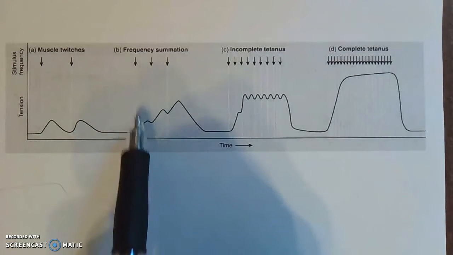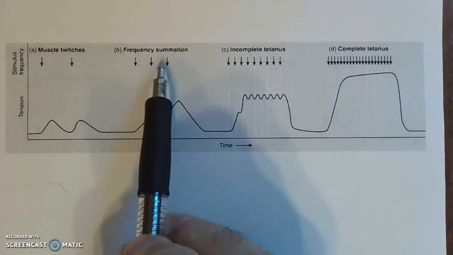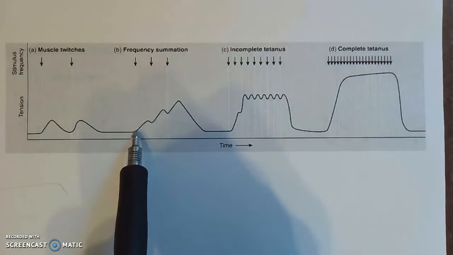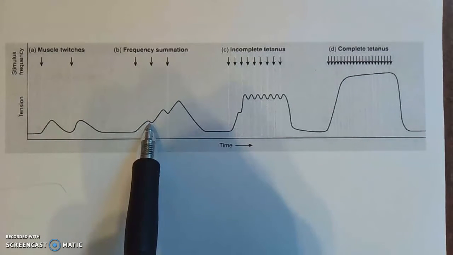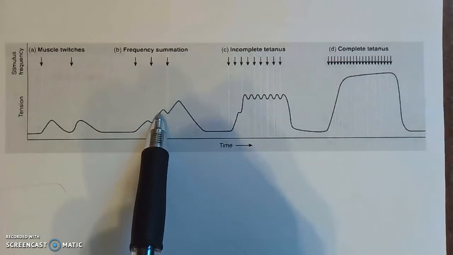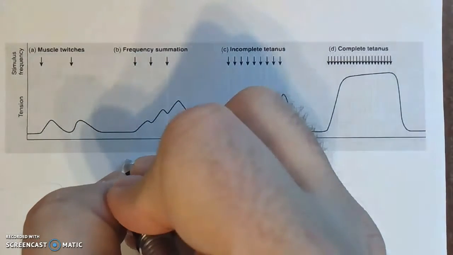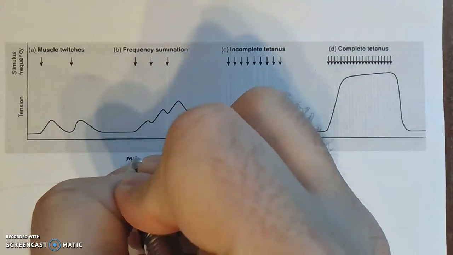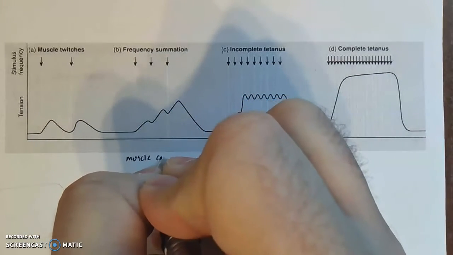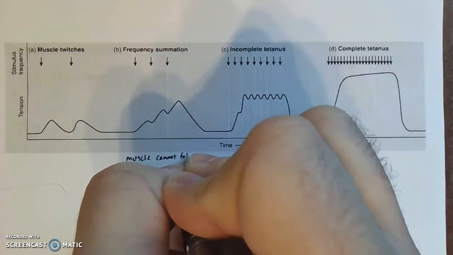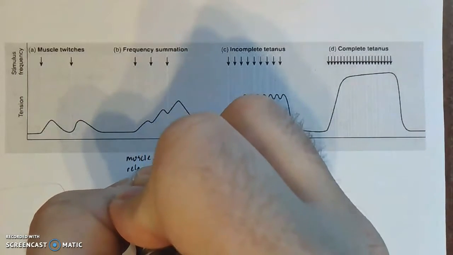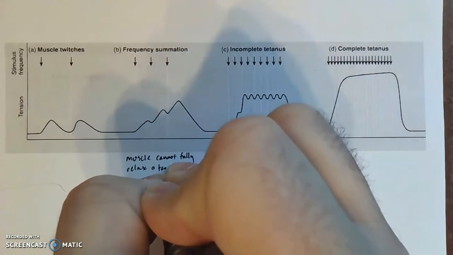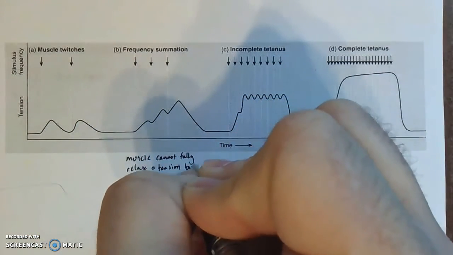But if we start getting them closer together, the muscle can't fully relax until we end up hitting it with another action potential, which causes the contraction tension to increase slightly. So in this diagram right here, the muscle cannot fully relax and tension builds up.